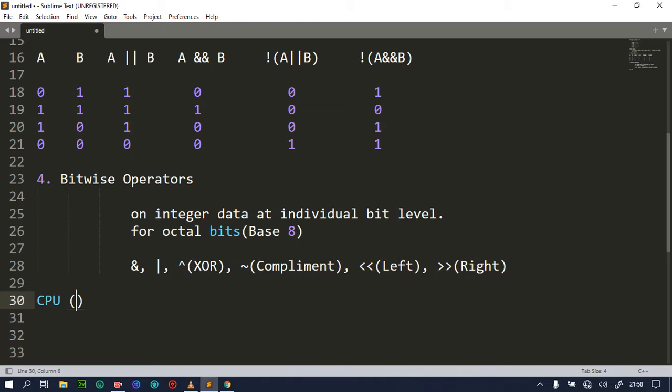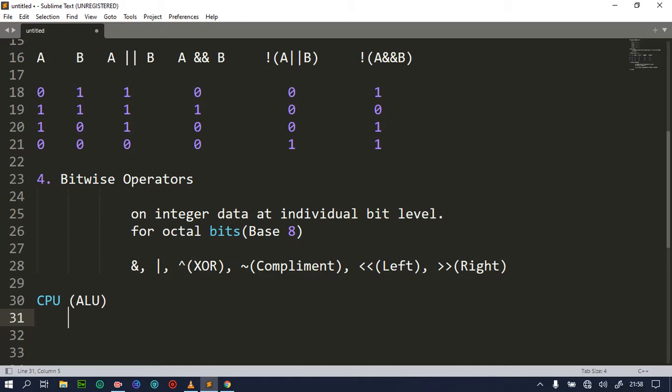Among them we have the CU, which is called the control unit, the registers, and then the ALU, arithmetic logic unit. Now this is where emphasis is taken. These operators are necessary because the ALU in the computer's CPU carries out arithmetic operations at the bit level.